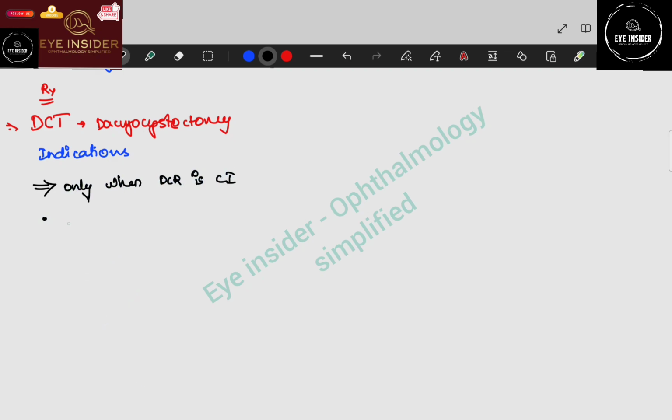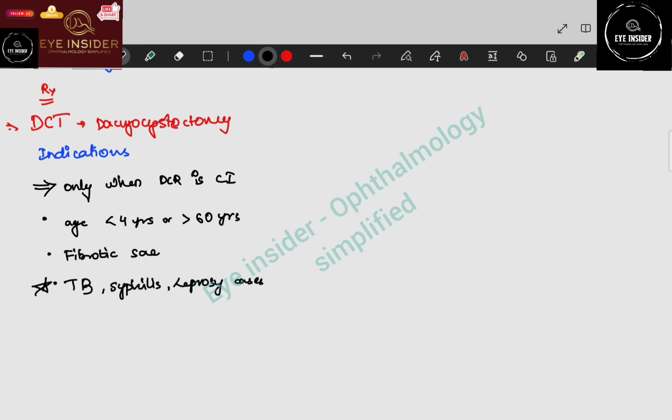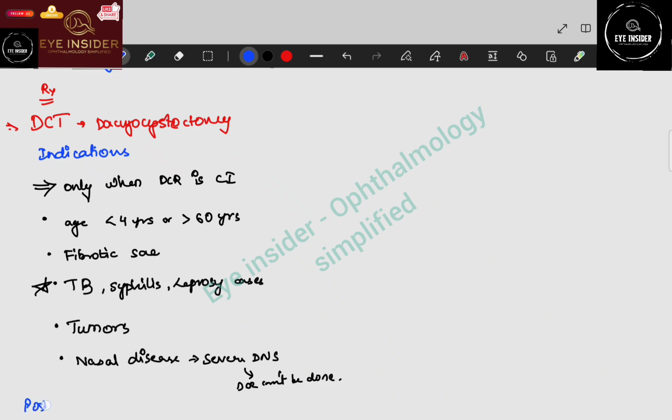So if the age is less than 4 years, or if the patient is very elderly, in case of a fibrotic sac, in case of tuberculosis, syphilis, leprosy, in case of tumors of the lacrimal sac, and in case of very severe nasal diseases such as severe DNS, where DCR cannot be done. This is usually not performed because there is constant watering post surgery.